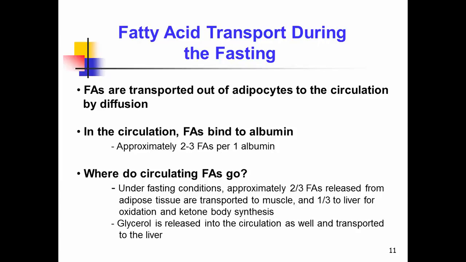Okay, so transport. Once the fatty acid is released from triglyceride in the fat cells and released into the circulation, fatty acids usually bind to albumin. Fatty acids cannot be free molecules in the circulation because they are lipids, hydrophobic, so they need to be bound to a protein.